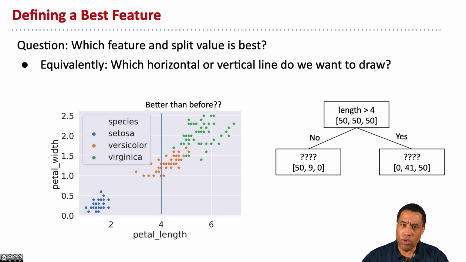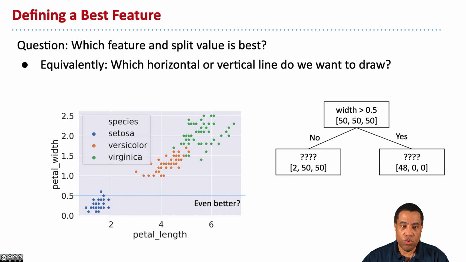So is that better than what we had before? And so what if we instead said the petal width greater than 0.5? Now on the left we have 2 setosa and 50 versicolor and 50 virginica. But on the right, we have 48 setosa. So we have a pure node. So is that better than the other choices?